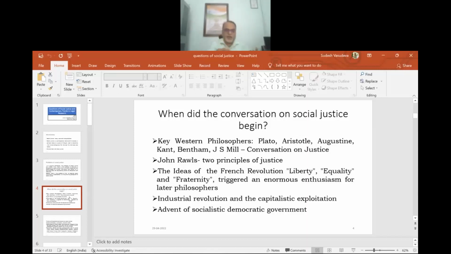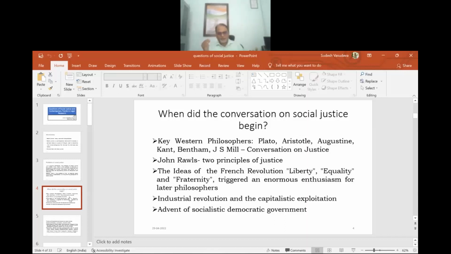So now the society was organized into haves and have-nots. The society was now organized into capital and labor, giving rise to mass inequalities. So literature points out that the industrial revolution and its negative impact on the lives of people resulted in philosophers later on, including the Western philosophers, speaking about social justice.